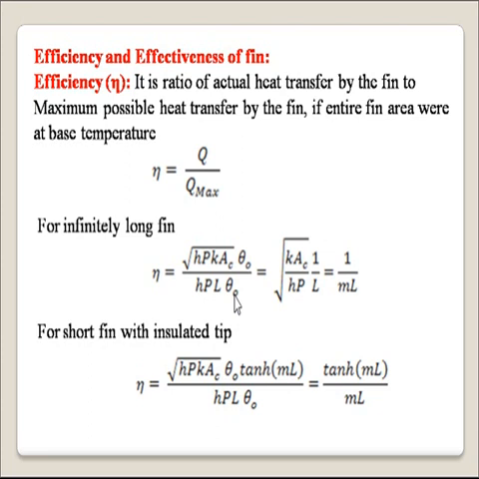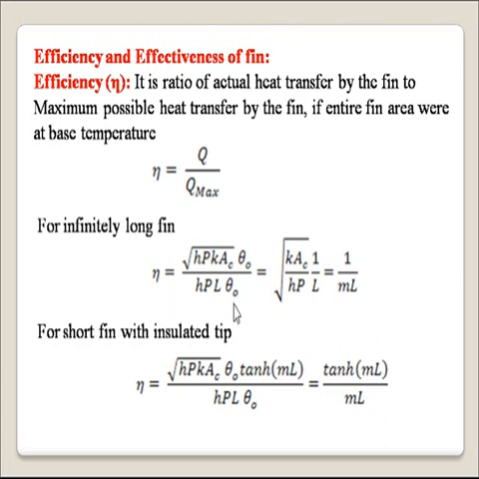After simplification, cancelling hP from numerator and denominator, we have root of kAc upon hP into 1 by L, and hP upon kAc is m. So 1 by mL is the efficiency for an infinitely long fin.